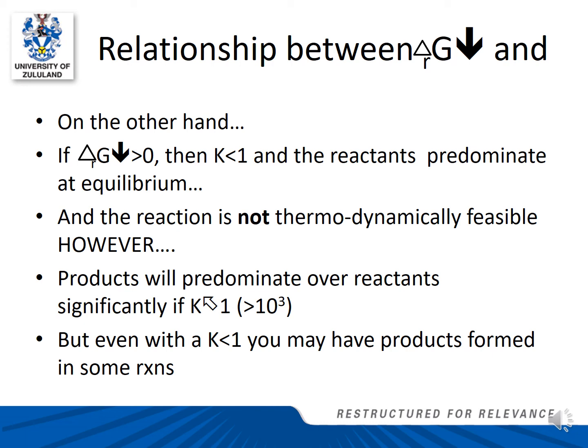These are some of the instances where we can see what is happening. So in a nutshell, if the value of K is less than 1, the reactants will predominate at equilibrium, and this reaction will not be thermodynamically feasible. However, it will still be possible.